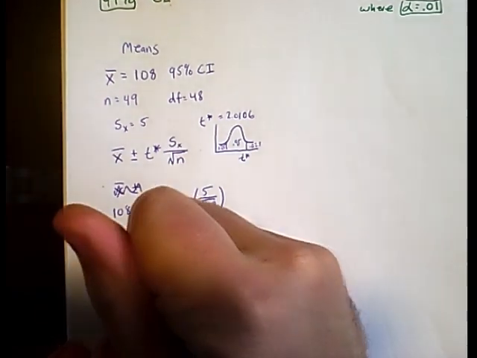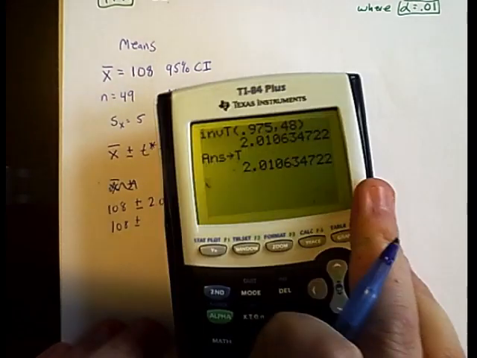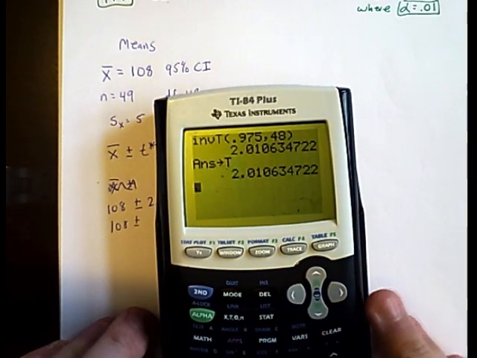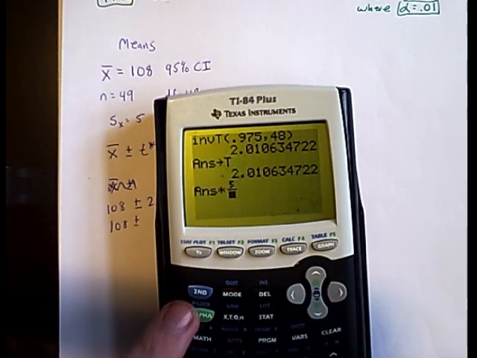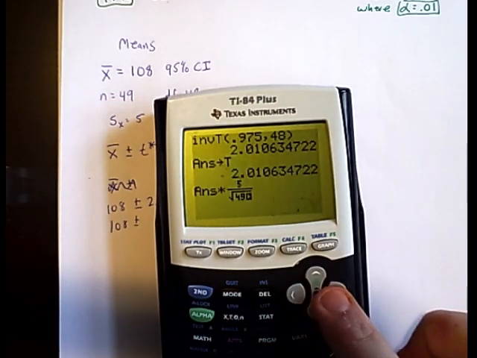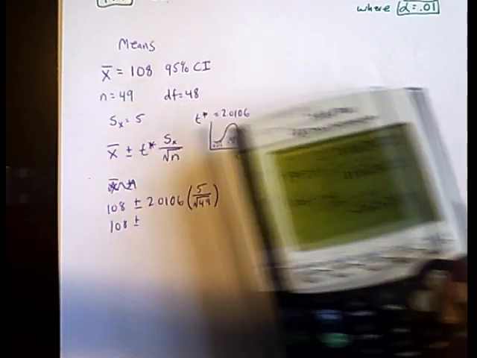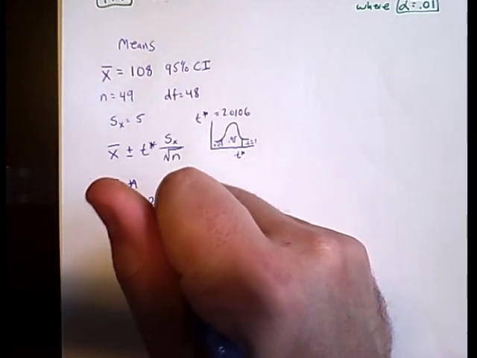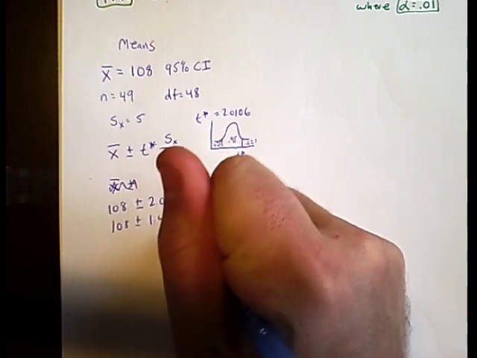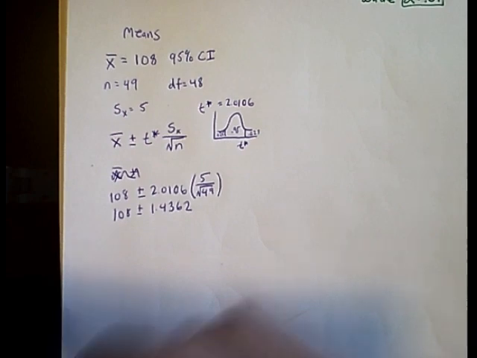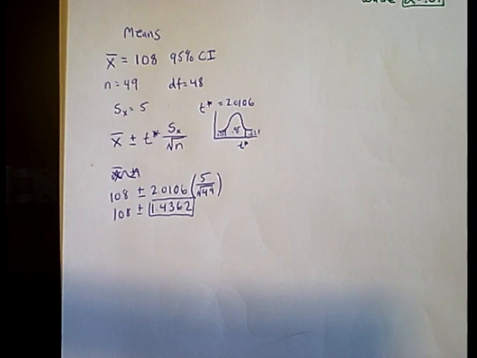Let's take this 2.0106 and multiply it by the fraction 5 over the square root of 49. That gives 1.436 if I round it. This total value would be known as the ME, or the margin of error.